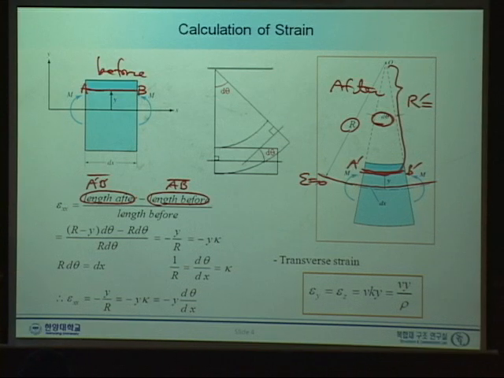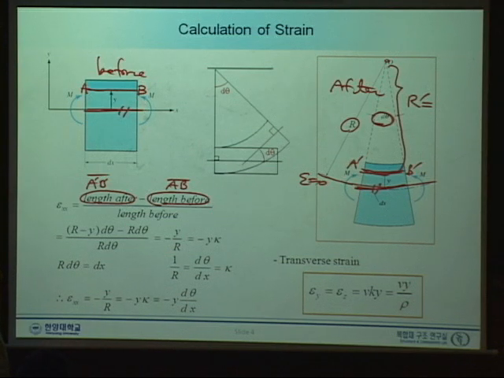So anyhow, let's say that is R. There is R here, where we have no axial strain. No axial strain means this length is the same as this one.